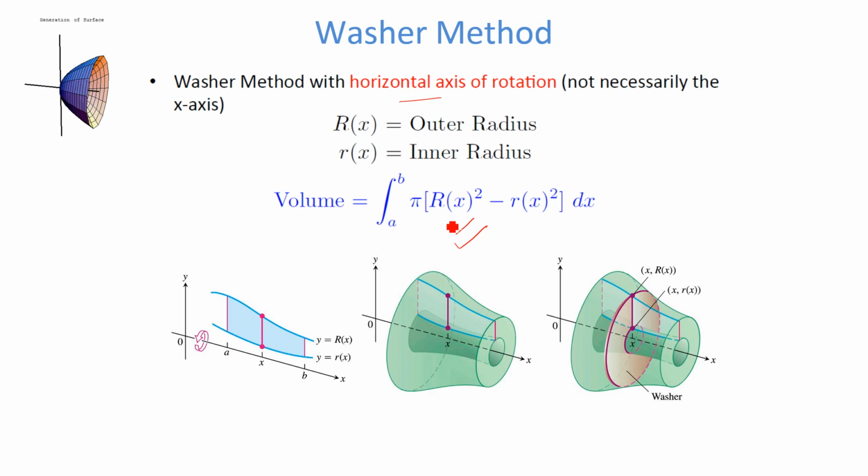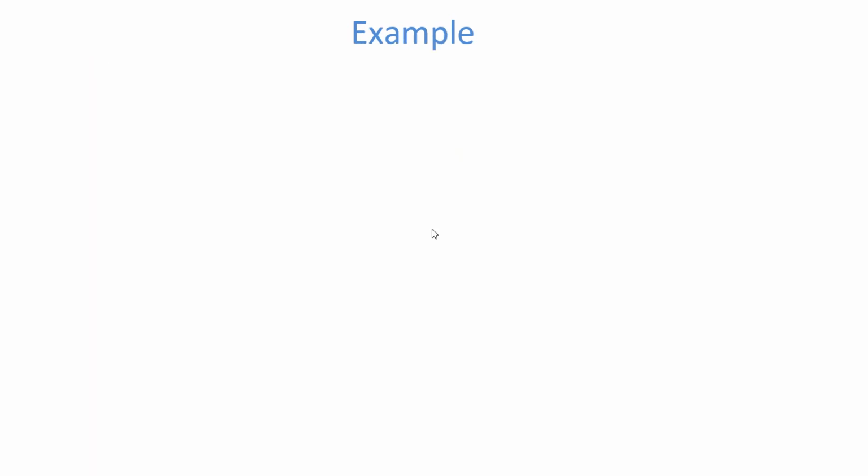And I told you before how we can find this formula. This is in fact the area of the outer circle minus the area of the inner circle. So the outer circle radius is uppercase R(x), and the inner circle radius is lowercase r(x). So the volume is given by this formula.